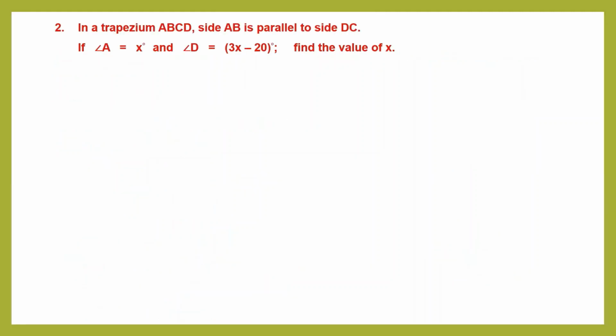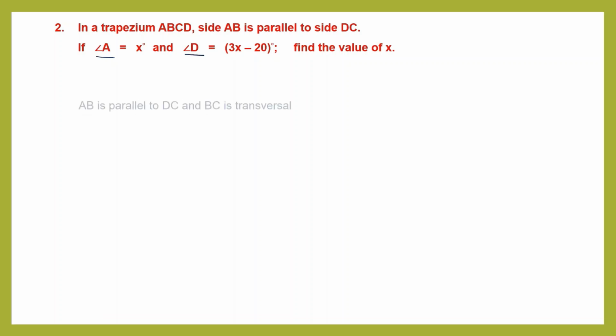Question 2. In a trapezium ABCD, side AB is parallel to side DC. And if angle A is x degrees and angle D is 3x minus 20 degrees, we have to find the value of x. So when two sides are parallel in a trapezium, there will be two pairs of co-interior angles. And angle A and angle D are one pair of co-interior angles.